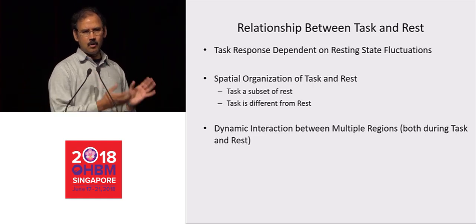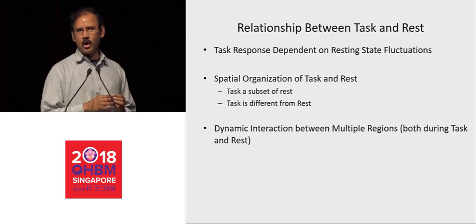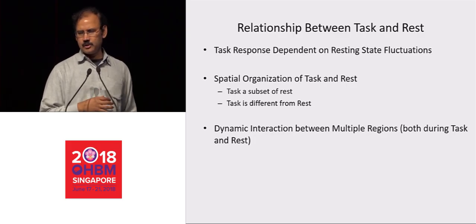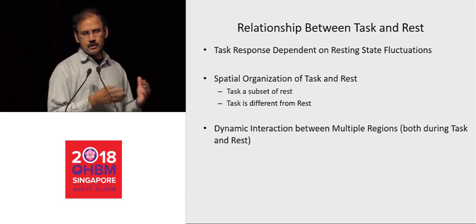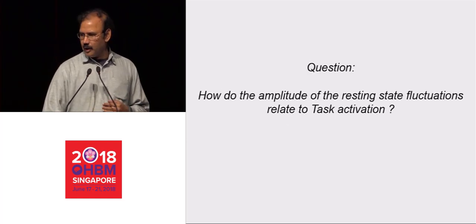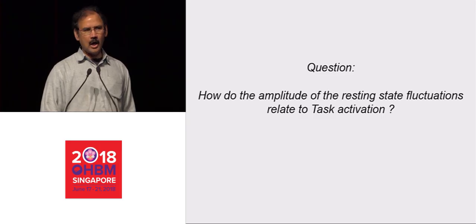While we and others have shown that for finger tapping you have sensory motor cortex and the resting state network overlaps, can it be generalized to other tasks? And third is to look at the dynamic interaction between multiple regions. So this is like asking, with task, is the region that is typically shown the only region that changes?